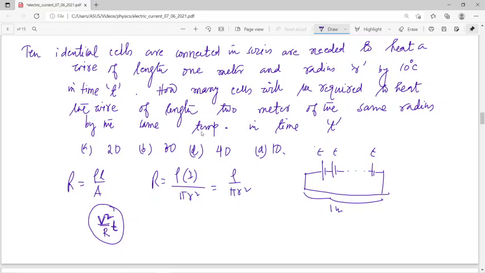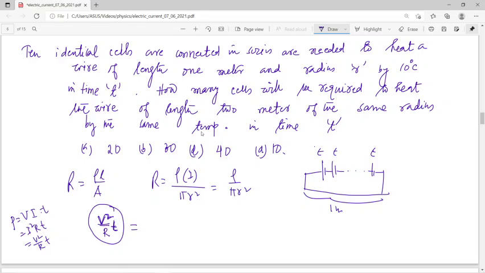We know power is equal to V into I, and if the time is T, that is nothing but V into I into T, or you can say I square R T or V square by R T, since V equals IR, whatever be the case. We saw that in the previous class.